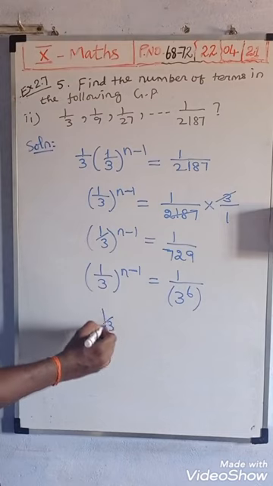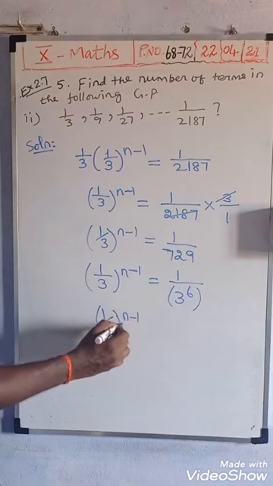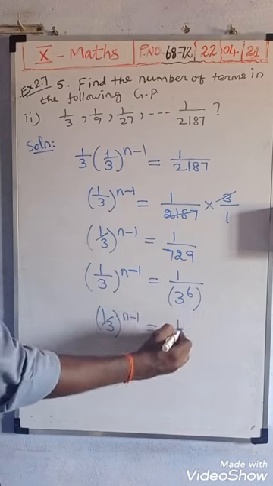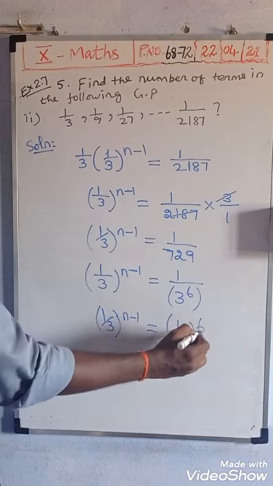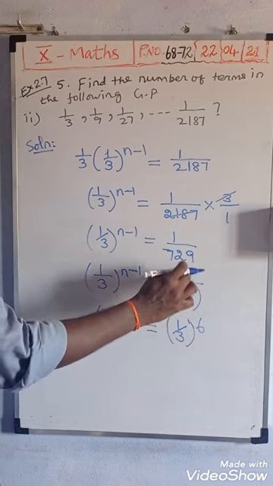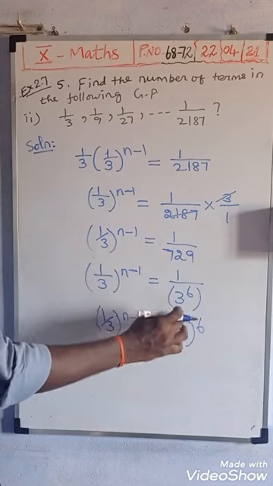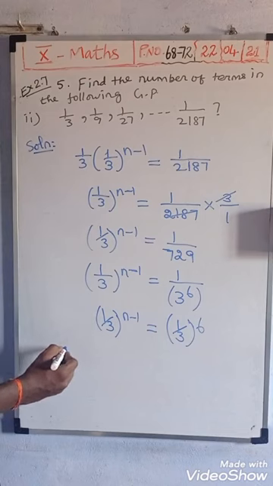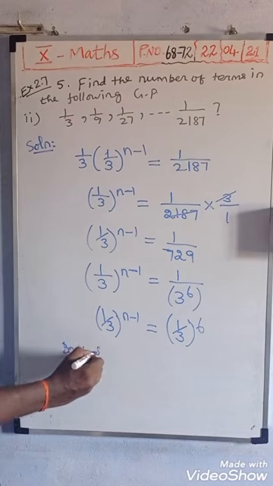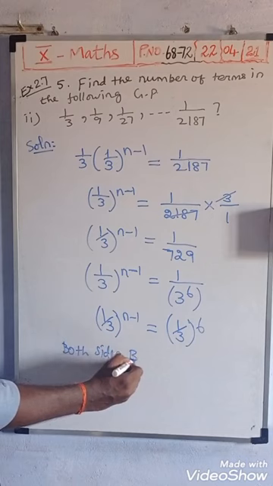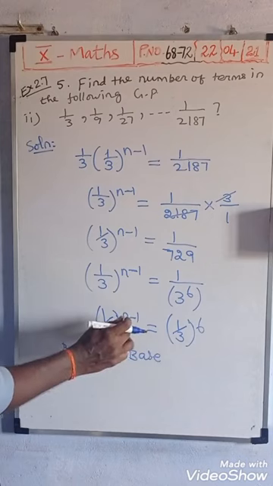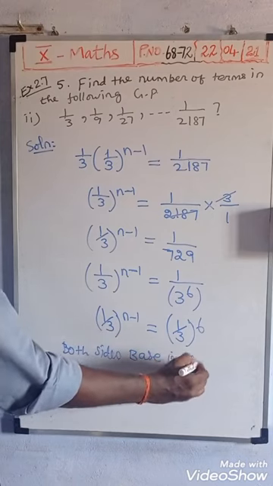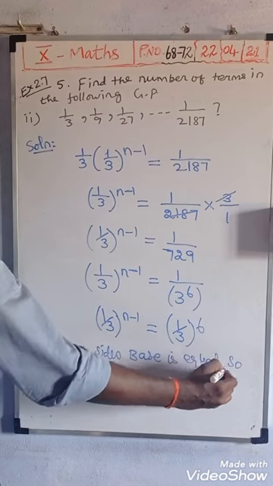Now both sides have equal base. This is the base, this is the power, so since the base is equal, the power is also equal.